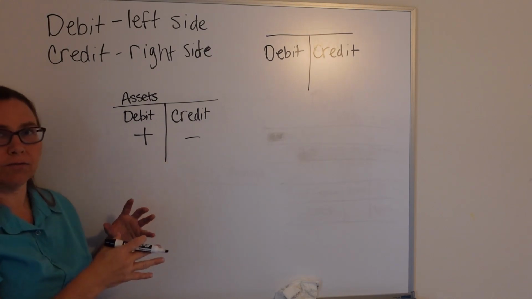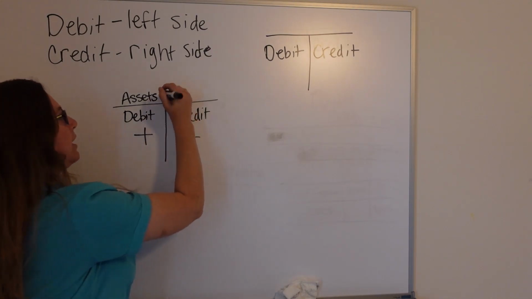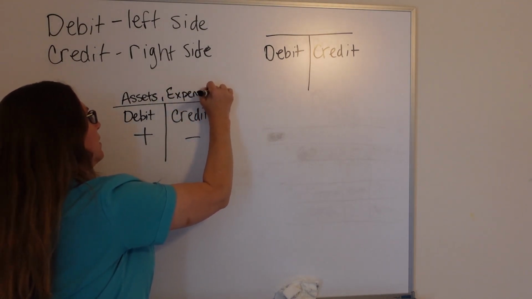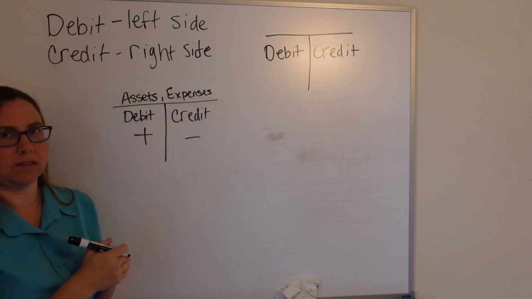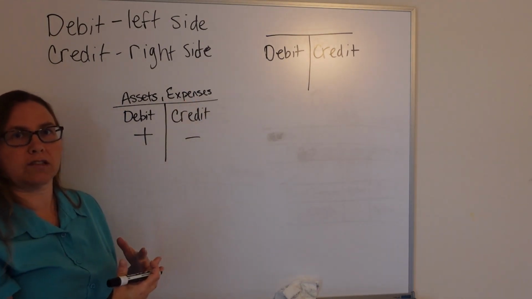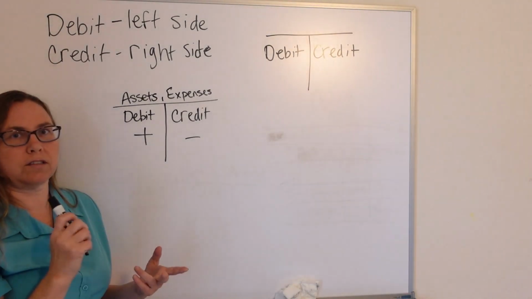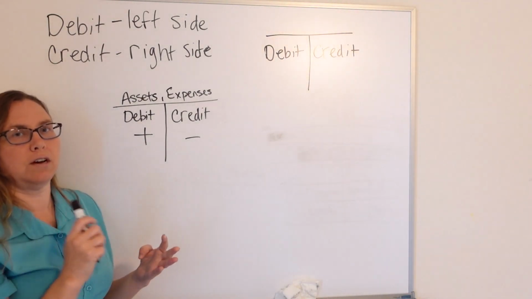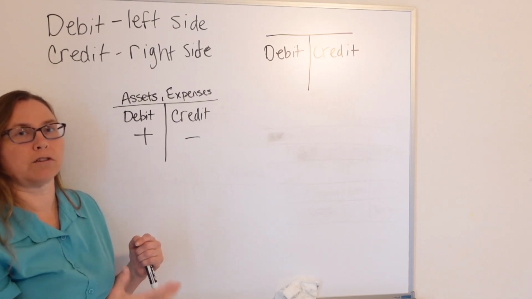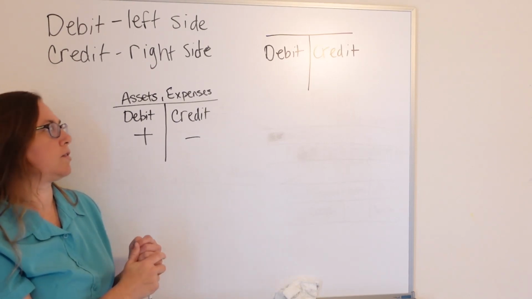Okay, and then this next one's going to be confusing, but hopefully I can explain it. If you have any expenses to run your business, so expenses are just day-to-day costs of running your business, rent, phone, utilities, office supplies, things like that, things you need to buy or pay for to operate your business.